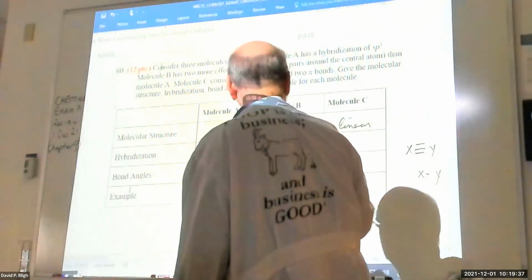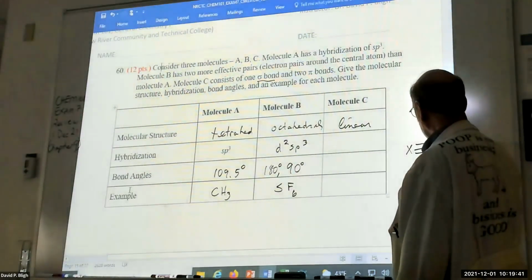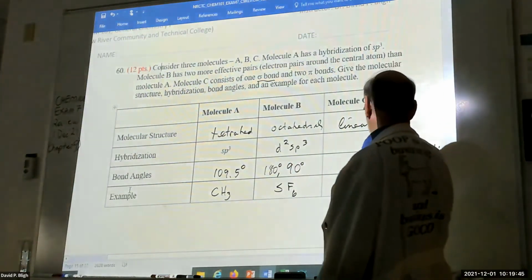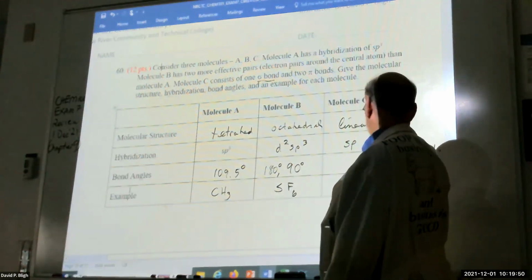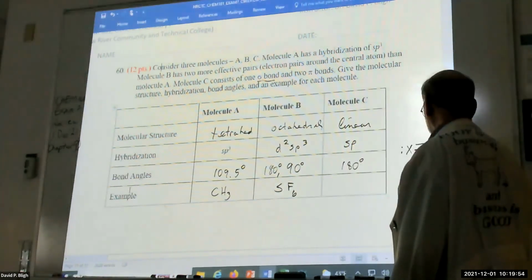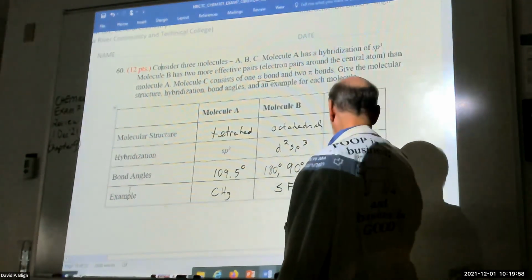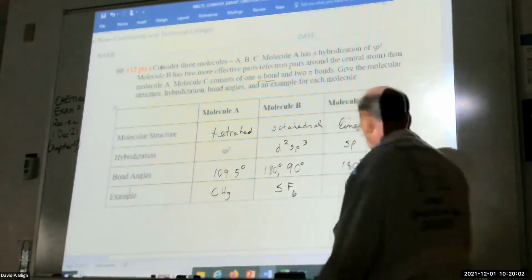Okay. And the hybridization here, actually, the only way you can get it like that is to do this. And the hybridization on either one of those would have to be sp. And the bond angle would be 180 degrees. What's a good example? Well, how about N2?